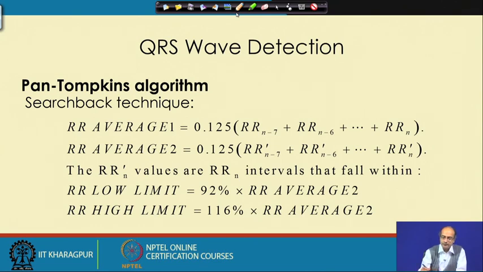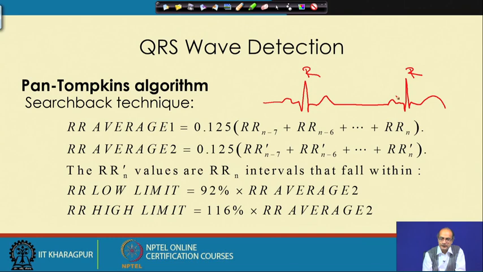If we have an ECG signal, we know that we get the P QRS T, then a gap, again we get P QRS T. In between the two beats, the difference between the two R's is called the RR interval, and for this RR interval they have two average estimates.